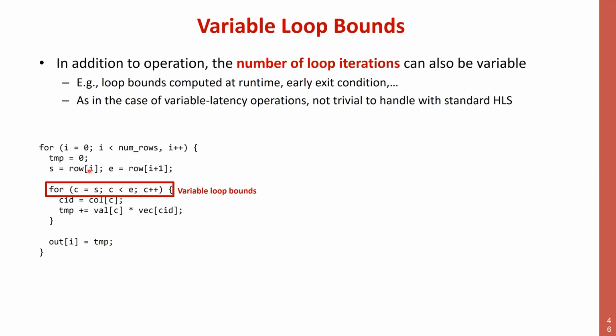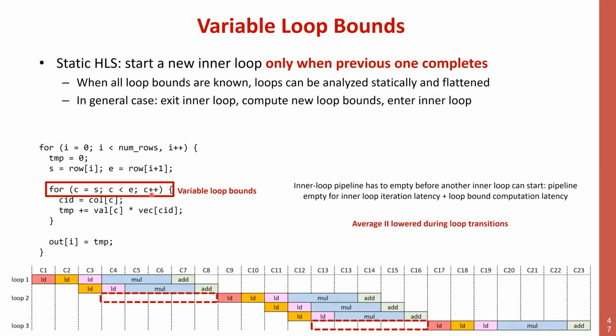It's what I was mentioning already a few slides back. Since I don't know how many non-null elements there are in a specific row, the number of iterations that I have to do, which corresponds to the number of non-null elements in this row, is variable and depends on the data.